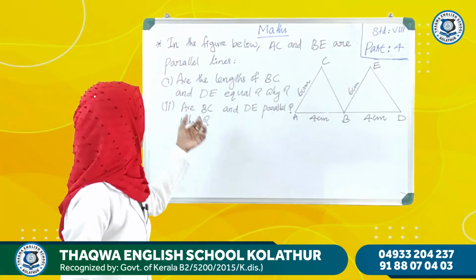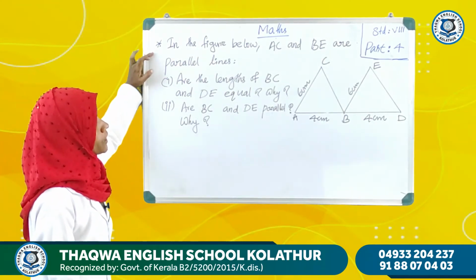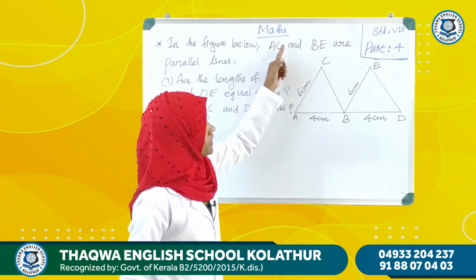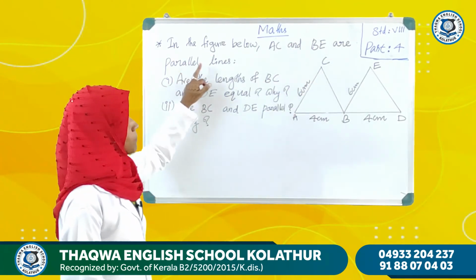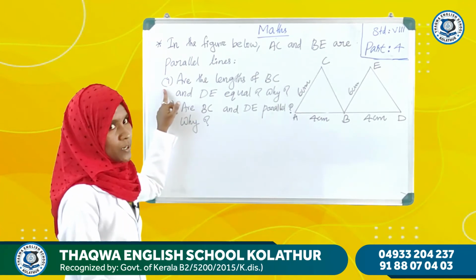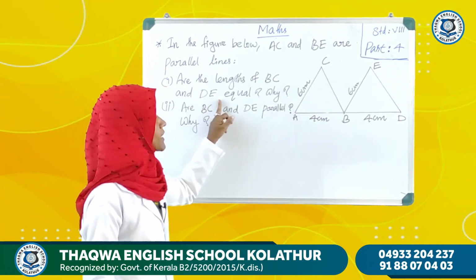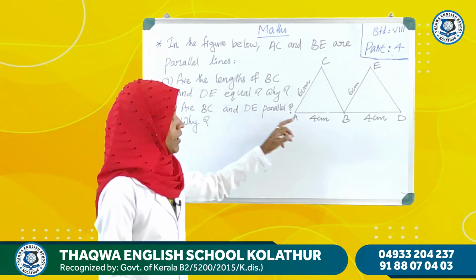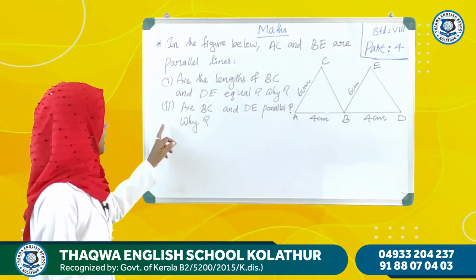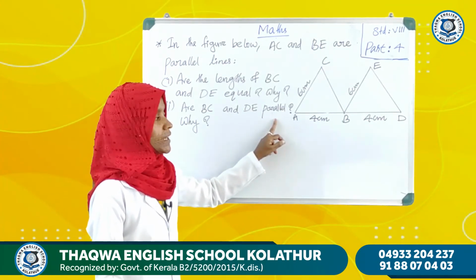All of you listen. Our next question. In the figure below, AC and BE are parallel lines. First part, are the lengths of BC and DE equal? Why? Second, are BC and DE parallel?